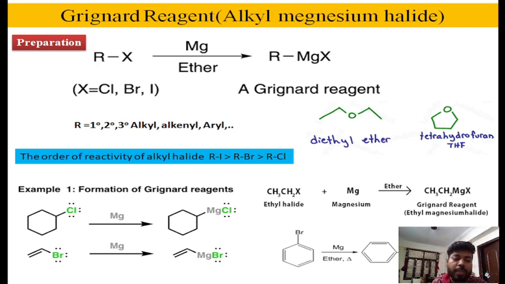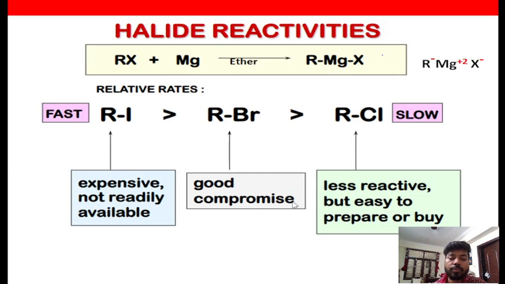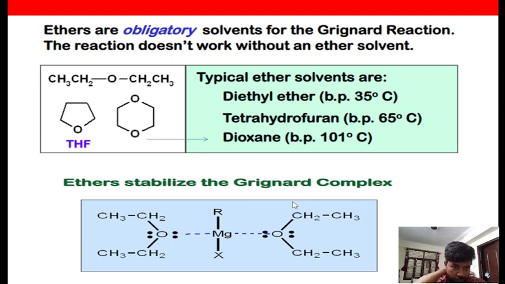The order of reactivity of alkyl halides is alkyl iodide, then alkyl bromide, then alkyl chloride. These are some examples of the preparation of various types of Grignard reagents. What is the role of these ethers?